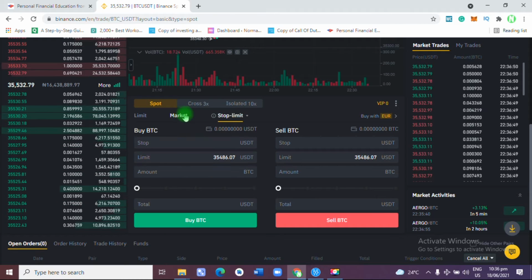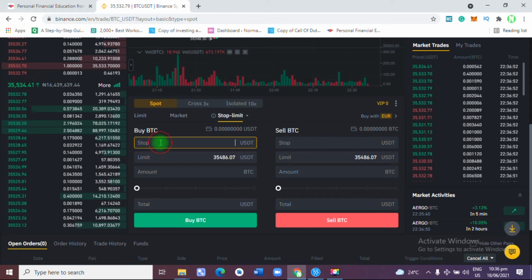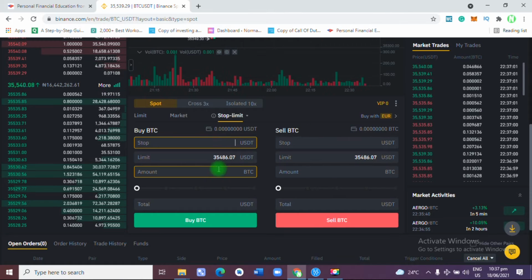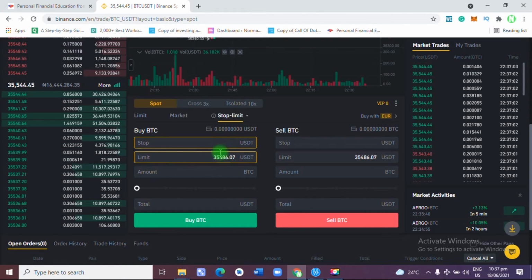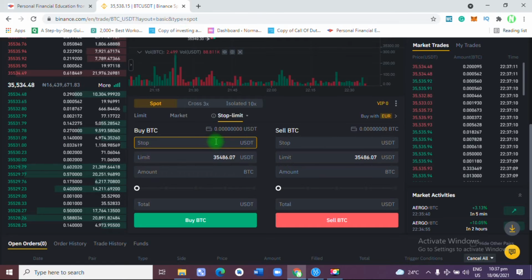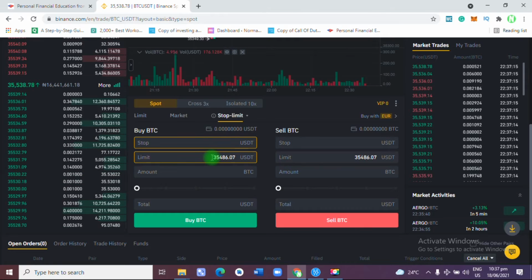So when you get to the stop limit, you have to click on the price you want the stop limit to be activated. As you can see, this is supposed to be the current price of Bitcoin at the moment. Let's say this is the current price and we are hoping it goes up higher than this. That's what we are hoping.